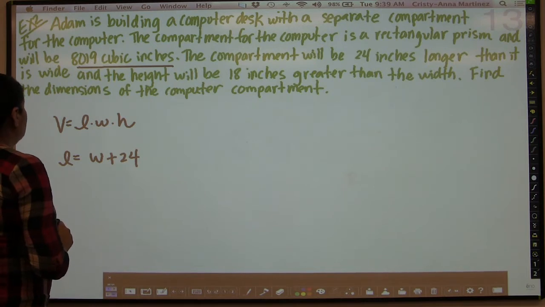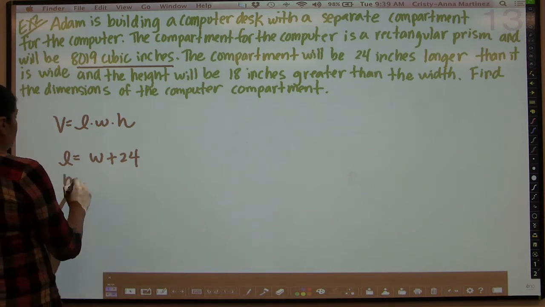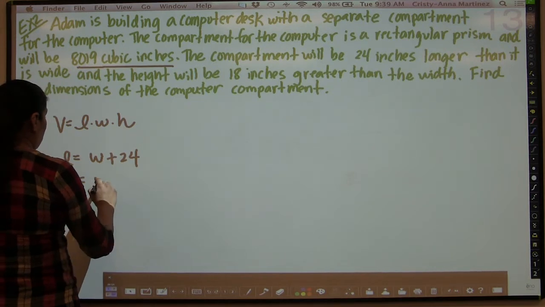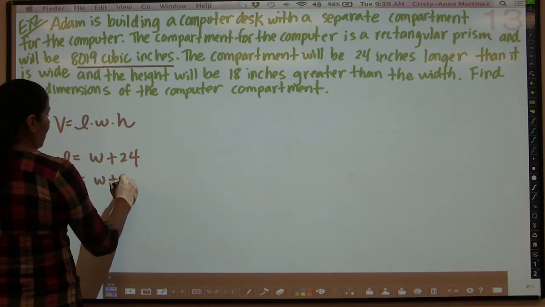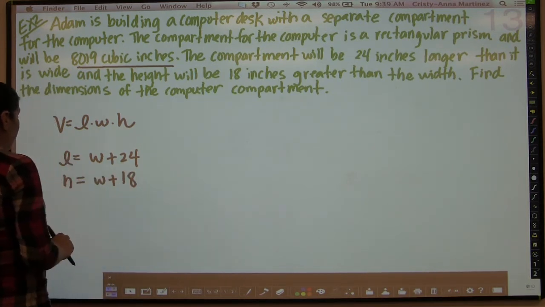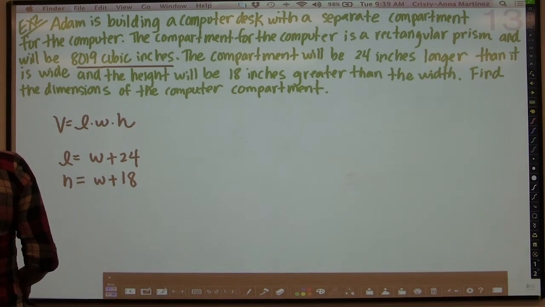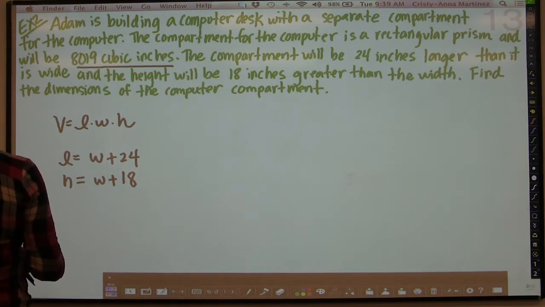It also tells us that the height is going to be 18 inches greater than the width, so the width plus 18. So now we have expressions for length and we have expression for height, and then we can plug it into the volume, which is length times width times height.